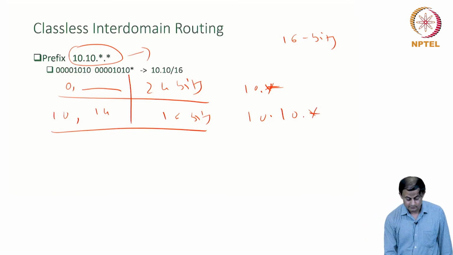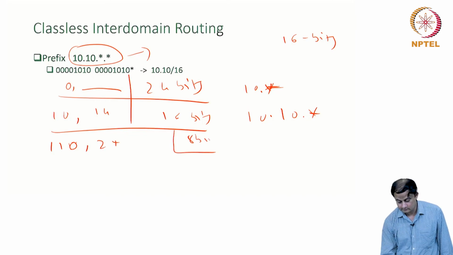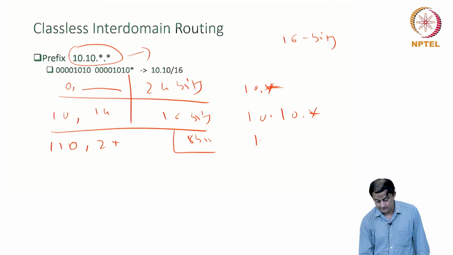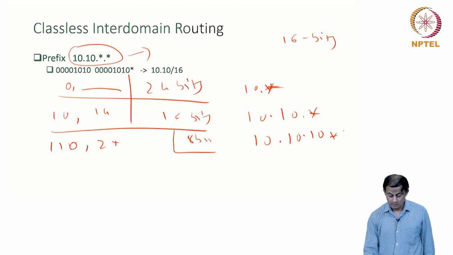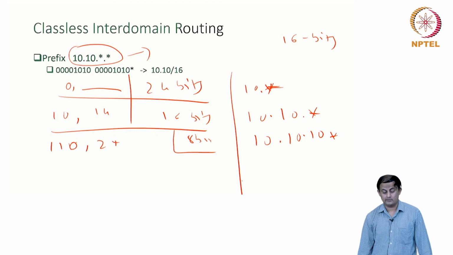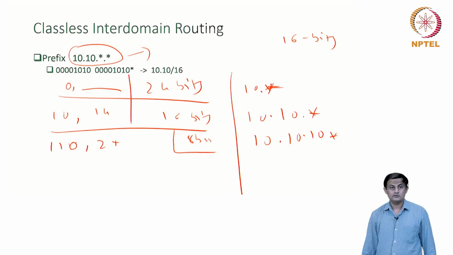If I am using a class C address, then this is 110 followed by 21 bits and then the remaining 8 bits. So the prefix might look like 10.10.10 star.